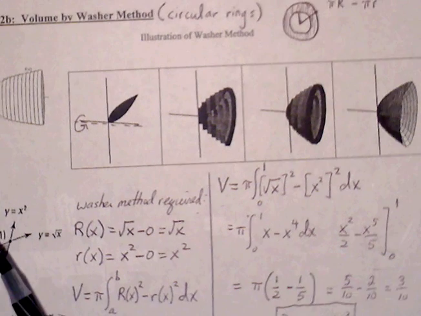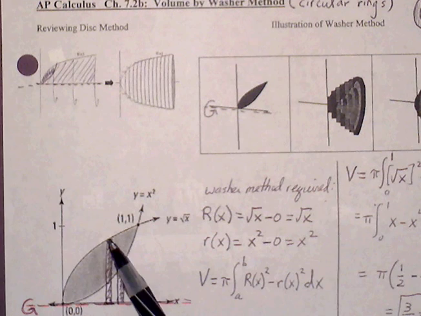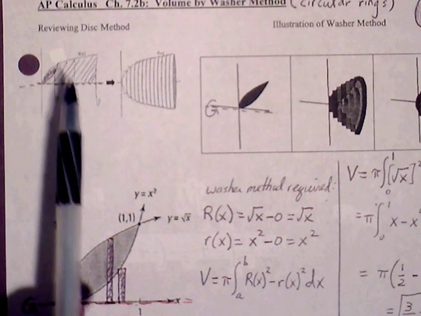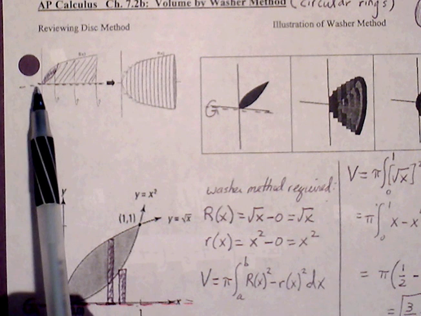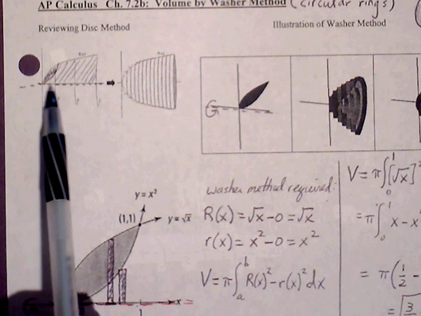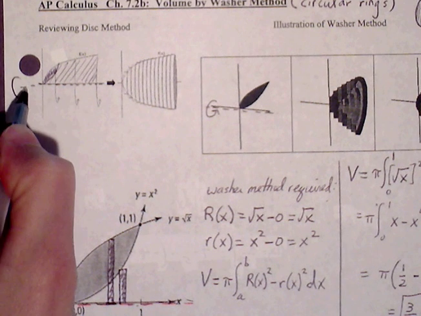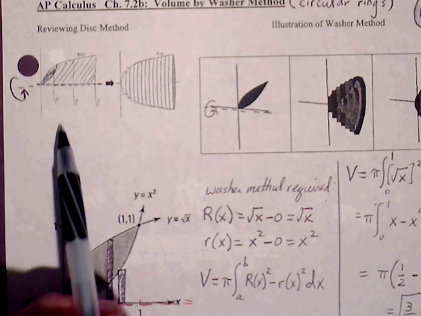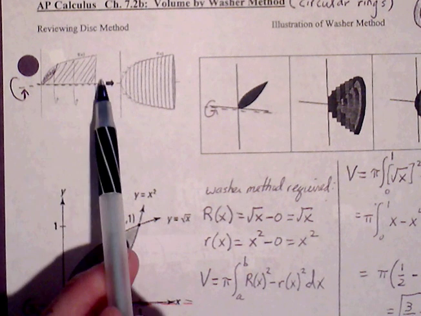Now the way that we can tell whether to use the disk method or washer method is you first start off by looking at your shaded region in relation to your axis of revolution. So this is from the last section, where we have y equals square root of x between 0 and 4.